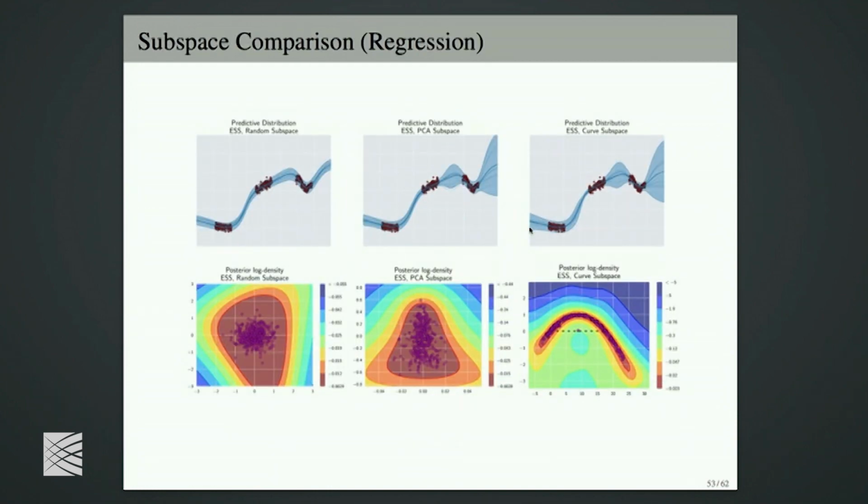And so I think sometimes just looking at tables of numbers on UCI of likelihoods can be a bit misleading, because this can actually ignore the fact that we might want increasing uncertainty away from the data. So it's always good as a sanity check, I think, to make these kinds of visualizations to see if the uncertainty really is reasonable for your model. So here we have a summary of the different subspaces we considered and the different predictive distributions associated with those subspaces.